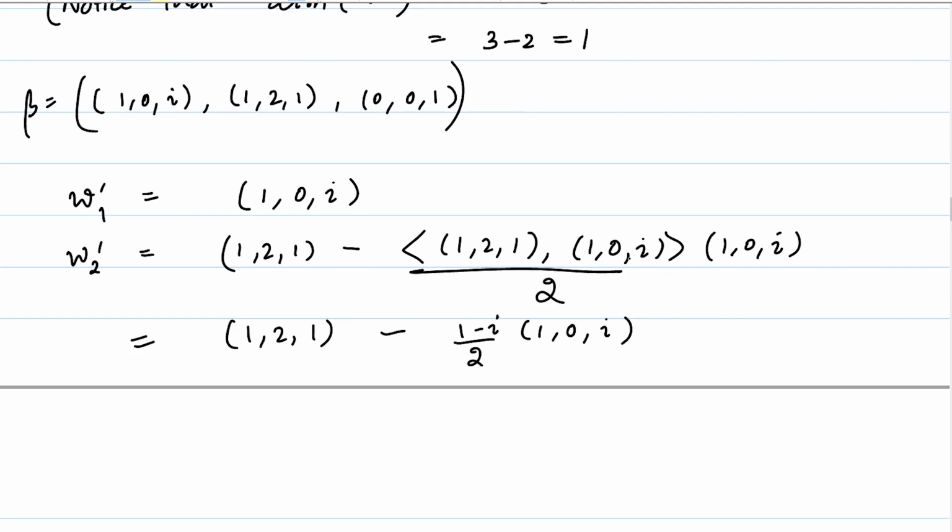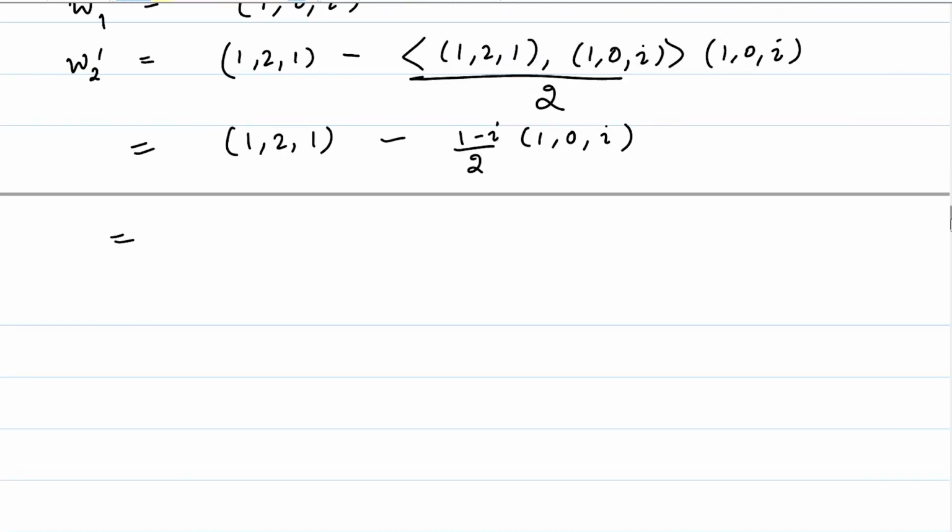Notice that this is an inner product in C3, so the complex conjugate will come in from the second vector, and therefore minus i will come in here. 1 minus i is right, so this is correct. So this is just going to be equal to 1 minus (1 minus i), which is (1 plus i) by 2, and then 2 here.